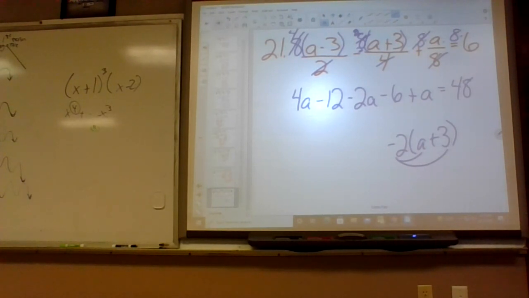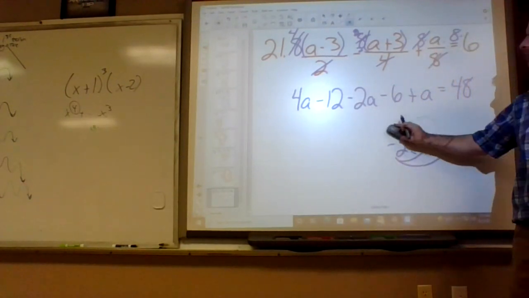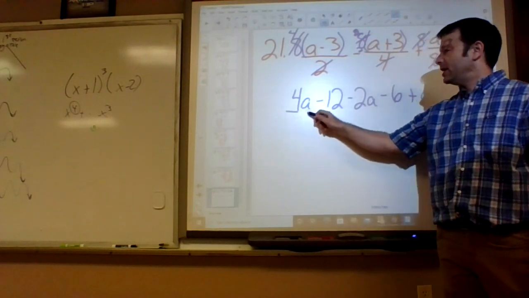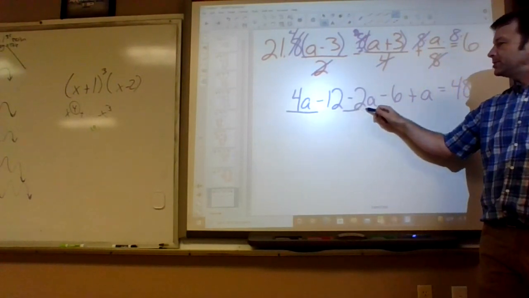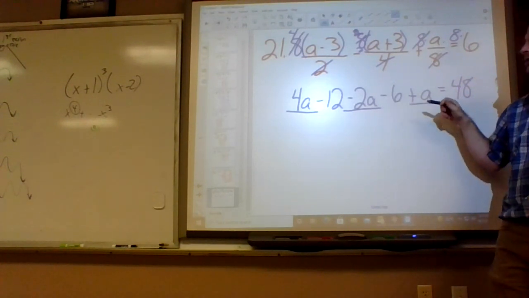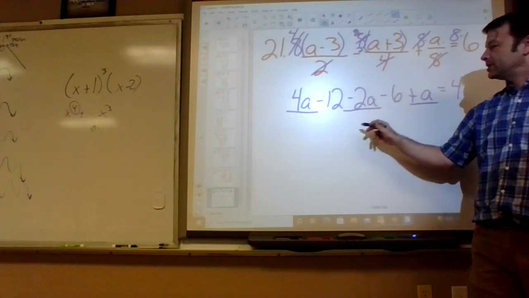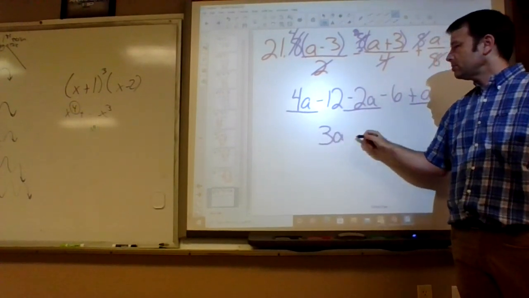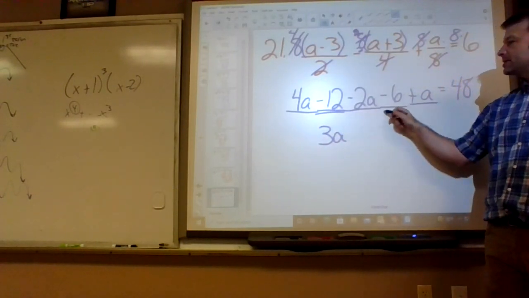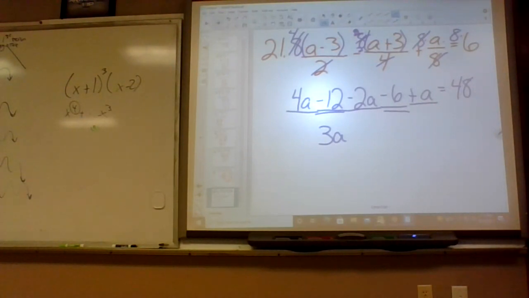Okay, we got rid of the fractions, which made it a lot better, but we still have kind of a big mess, don't we? Like terms can go together, right? So I see 4a minus 2a plus 1a, which is 3a. 4 minus 2 is 2, plus 1 is 3. I also see a minus 12 and a minus 6. Negative 12 minus 6 is negative 18.